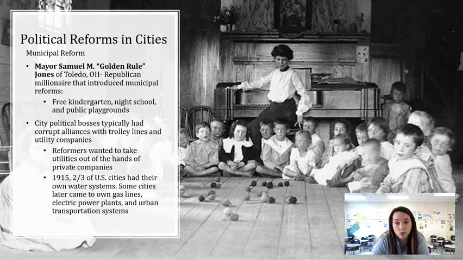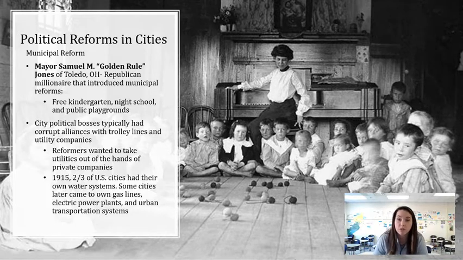They could go to night school in order to become literate, or even provide more opportunities for them for jobs, public playgrounds and public parks, things like that. City political bosses, so those political machines, and their corrupt alliances with trolley lines and utility companies.